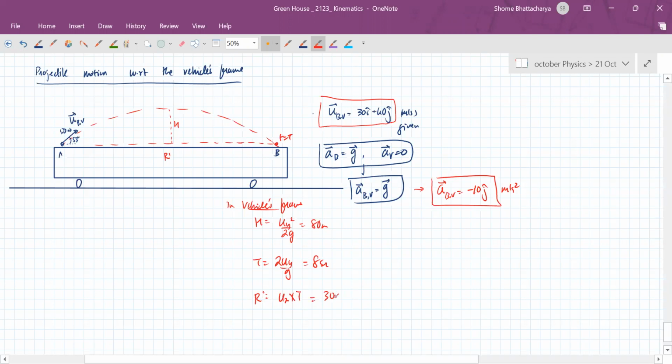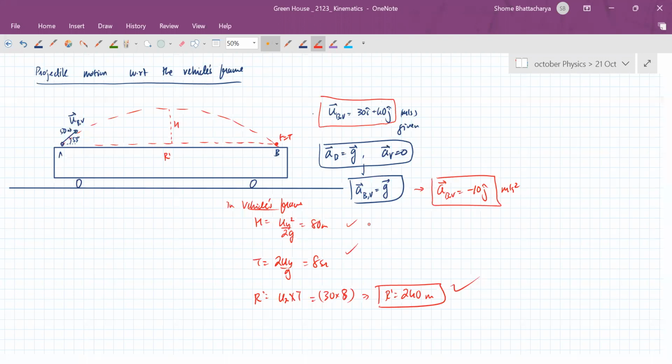So ux is 30 into 8 seconds, 240 meters. So there is another way of doing this calculation.